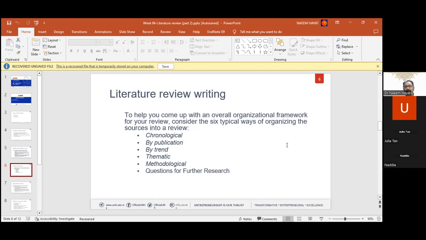Then the methodological domain, how studies apply different methods to understand the topic. And lastly, the research questions for the future, where they are developing new ways or topics to lead the topic in the future, suggesting future research questions.